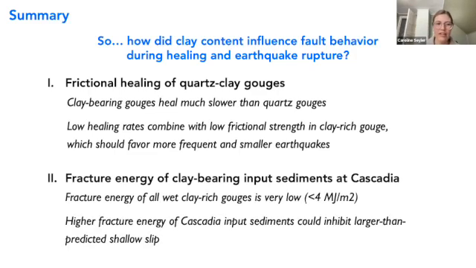And then in the second part, the fracture energy of all wet gouges is relatively low compared to other types of materials, and the higher fracture energy of these Cascadia sediments could inhibit this larger than predicted shallow slip scenario for the Cascadia subduction zone.